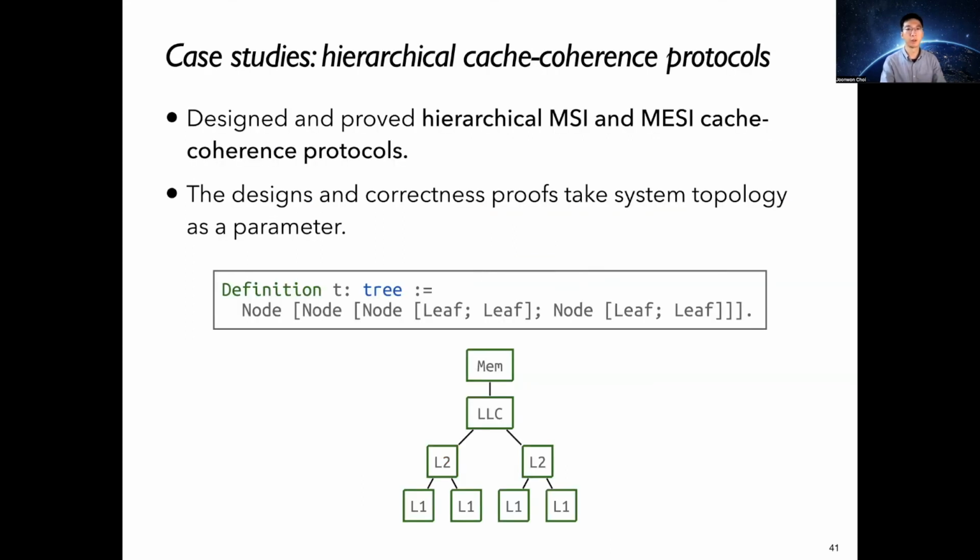On top of the Hemiola framework, we designed and proved hierarchical MSI and MESI cache-coherence protocols. The designs and correctness proofs take system topology as a parameter. An example here defines a topology where there are 4 L1 caches, 2 L2 caches, 1 last level cache, and the main memory.